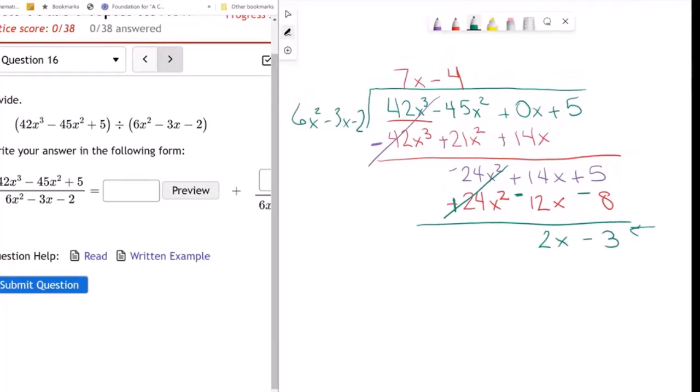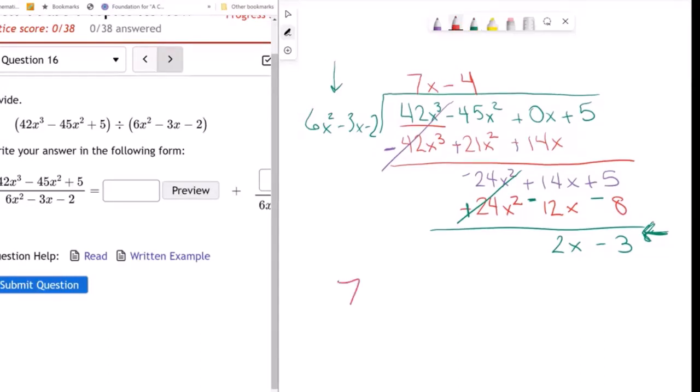Is the degree of this smaller than the degree of this? Yes. Then I'm done. My answer is 7x minus 4. That's my quotient. And the remainder is 2x minus 3.